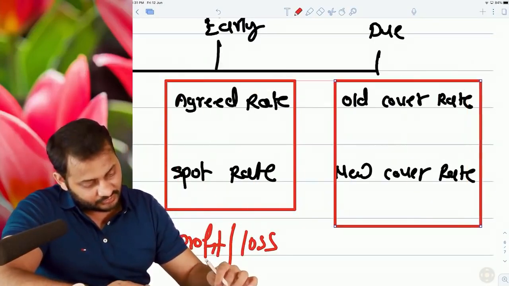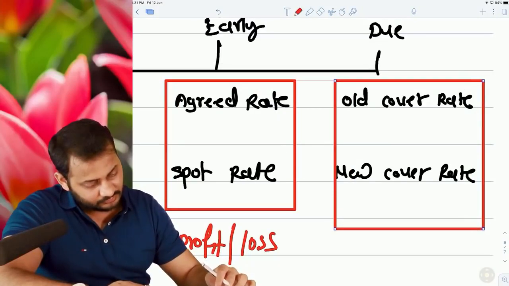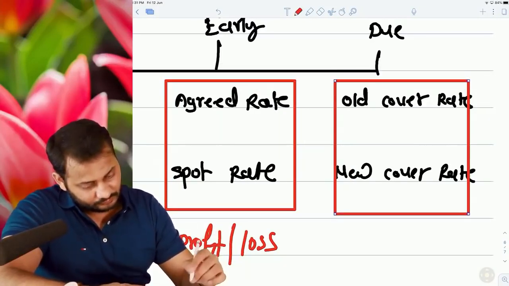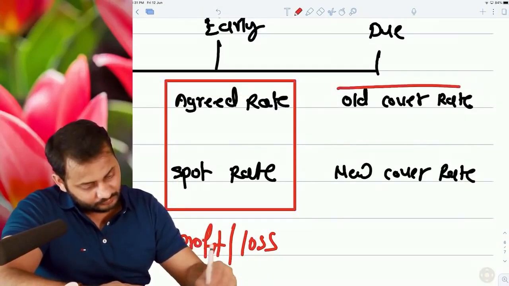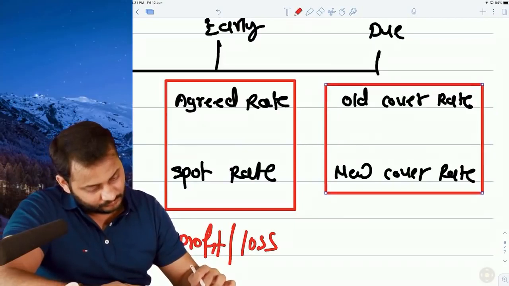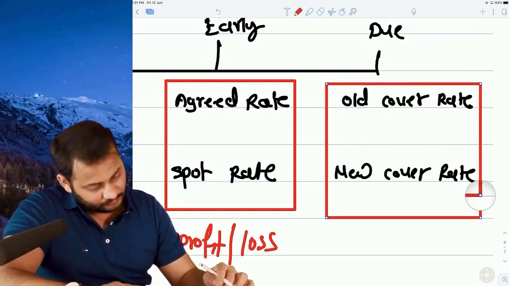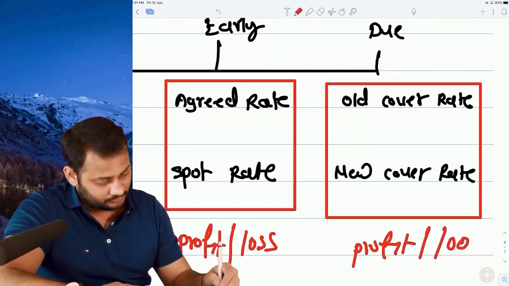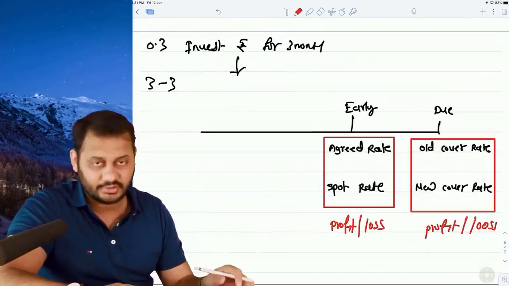In this case also there will be some profit or loss.